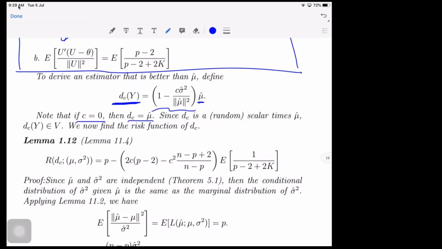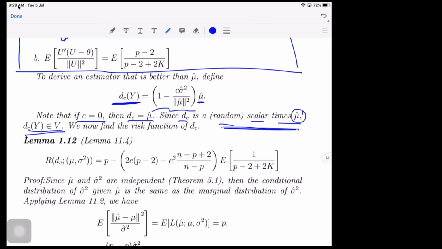Now, since this estimator is random, scalar siya times mu hat, any transformation on your mu hat which is in V is also in V, no? Because V is a subspace, no? So close siya under linear combinations.